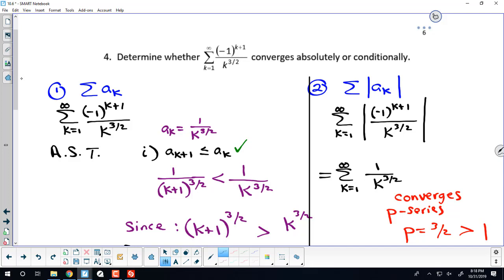Like, if this sum were the alternating harmonic, that alternating harmonic series would converge, but the absolute value would be just the harmonic series, which would diverge. Does that make sense? Yeah, just because the given series converges doesn't mean that the absolute value of the series will converge.